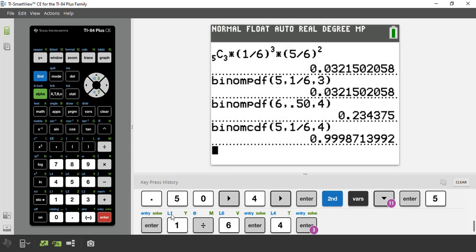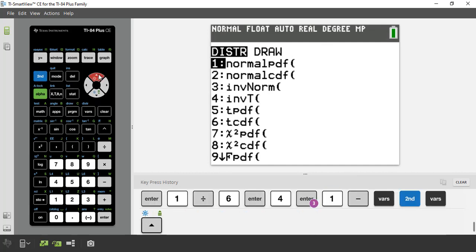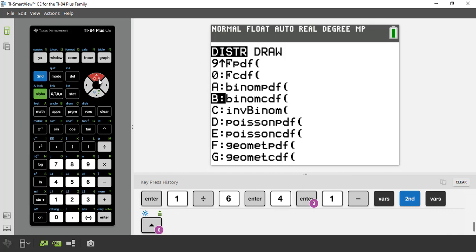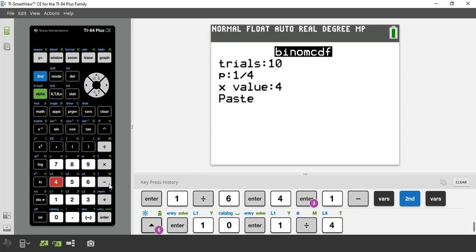So that's just going to be 1 minus the probability. Okay, so we just need to select Binomial Cdf. There's 10 questions in the quiz, it's 1 out of 4, and then it's up to 5.